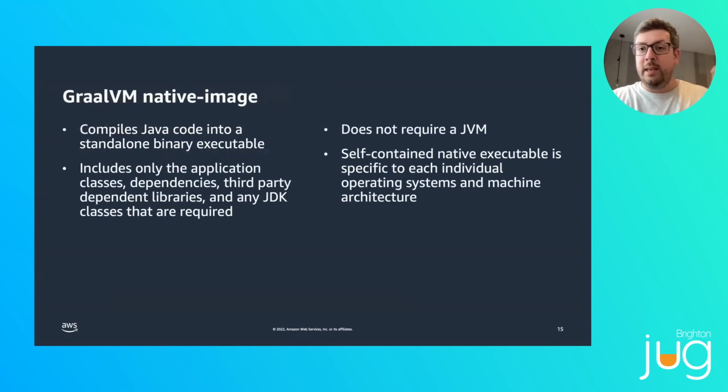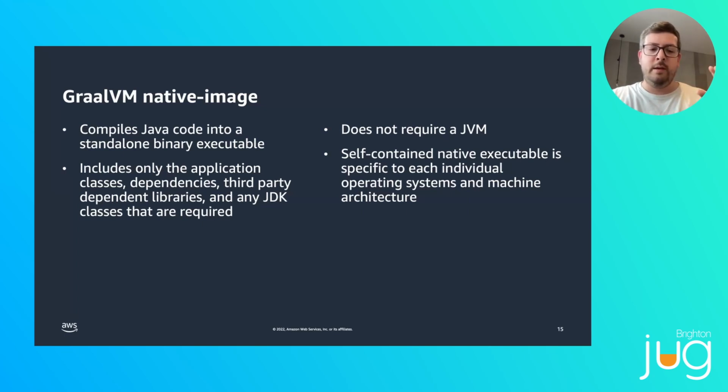So the technology in question is GraalVM. In particular, when I say GraalVM, I actually mean GraalVM native image. GraalVM is an open source project which is mainly sponsored by Oracle, but also has more and more input from Red Hat. And native image is a tool which takes your Java code and compiles it to a standalone binary executable.